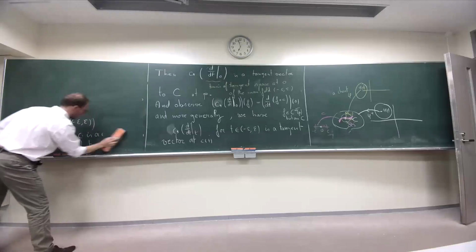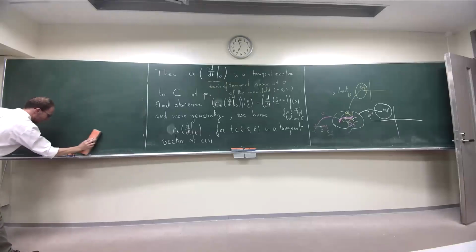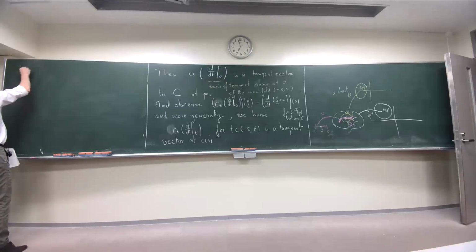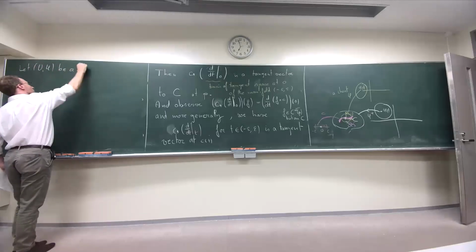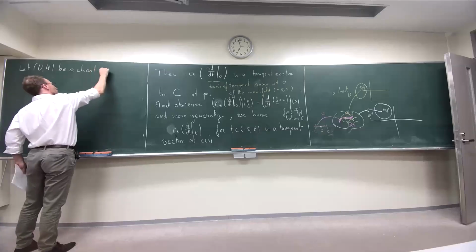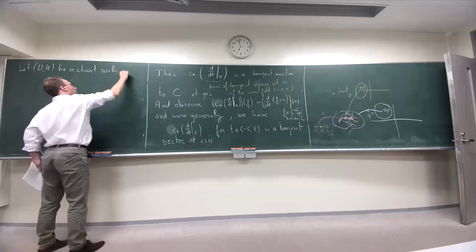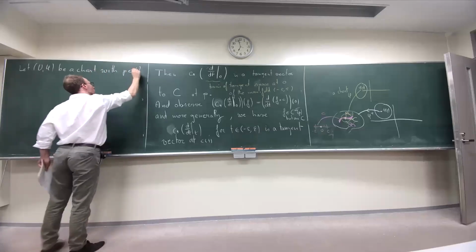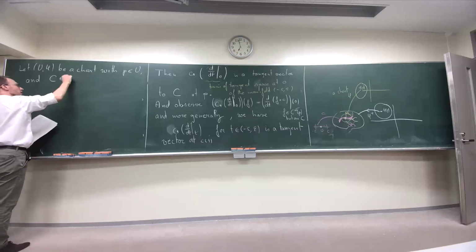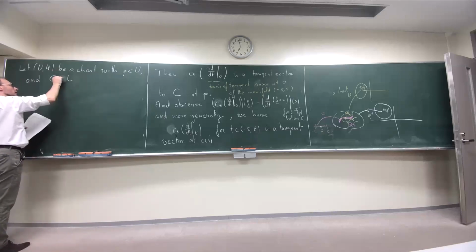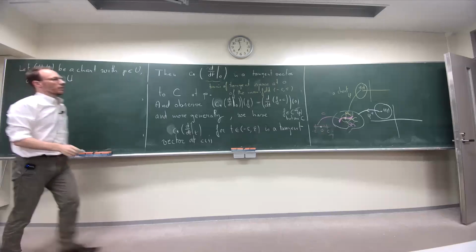So I consider this chart, so let me introduce it. Let U, phi be a chart with P inside U, and in fact, I will even ask a bit more, and C included inside. What do I mean by this?